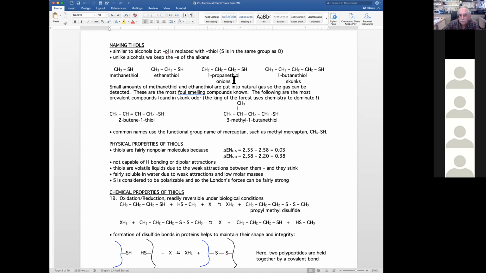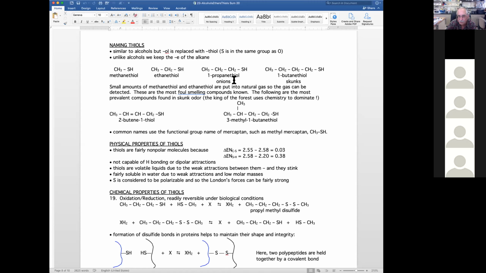Do you guys like onion breath? I actually like onion breath, and I don't know why everybody's against onion breath. You put onions on your food because you like the taste of it, and half of the taste is olfactory, it's your smell.